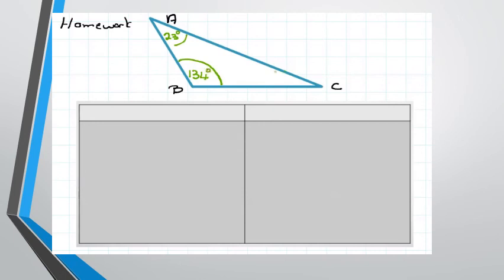And I'm going to call this angle here X. Which one of the three examples are you going to use if I ask you to determine the value of x? What example are you going to do?